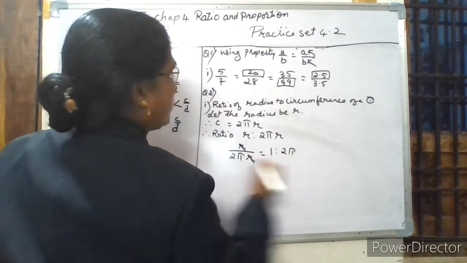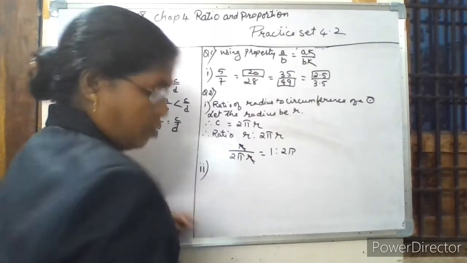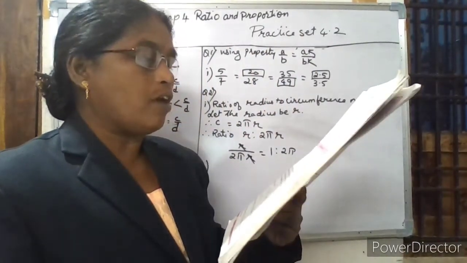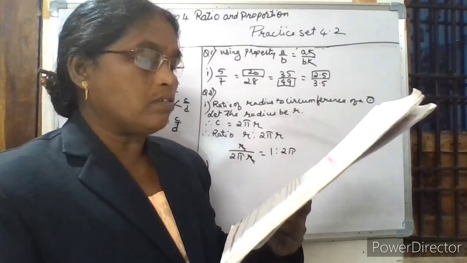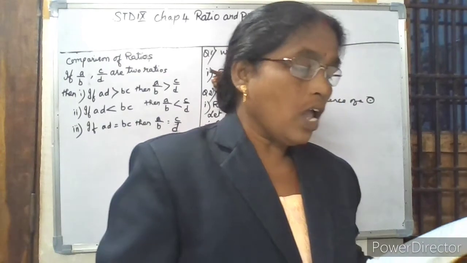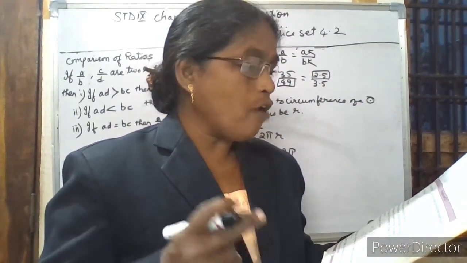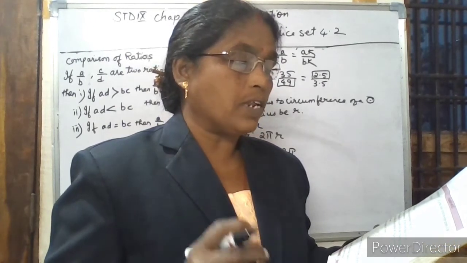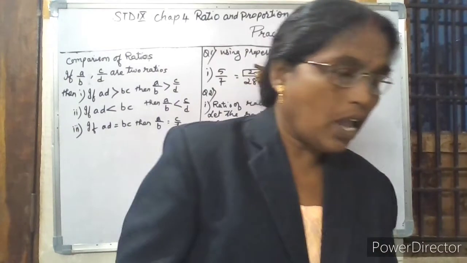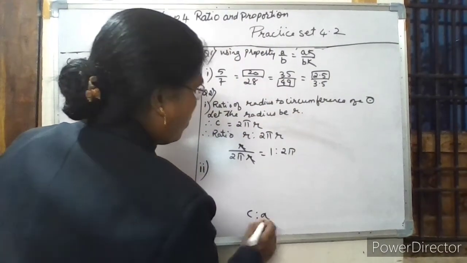Now, second question. The second question is the ratio of circumference of a circle with radius R to its area. You have to find the ratio of circumference of a circle with radius R given and its area. So circumference is to area, we have to find the ratio.